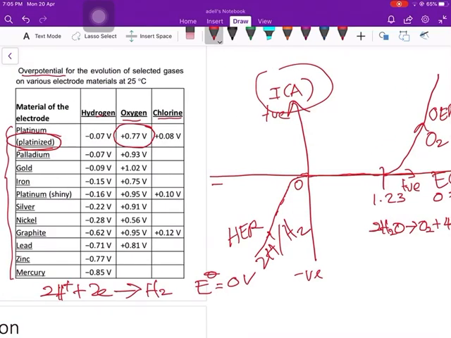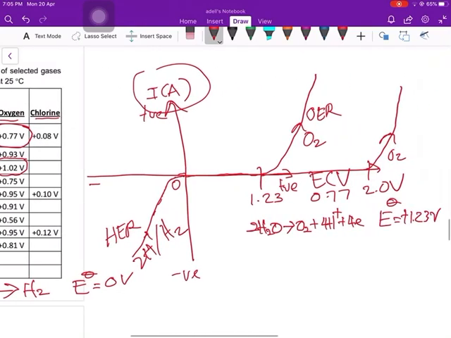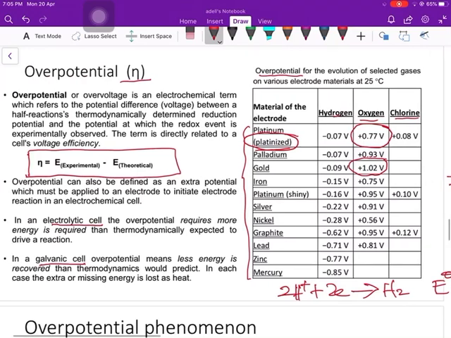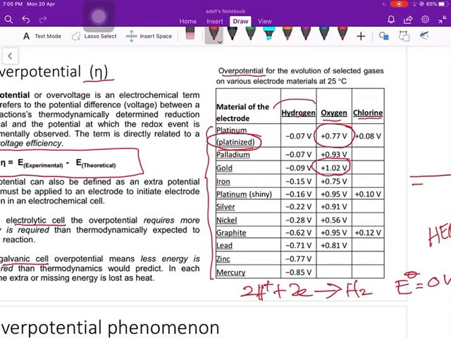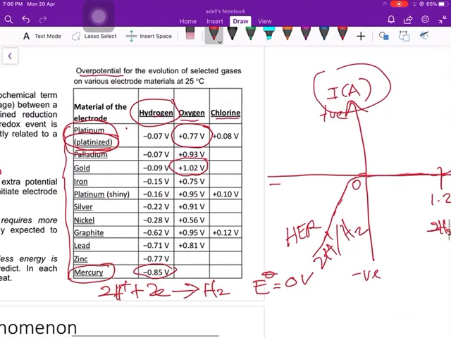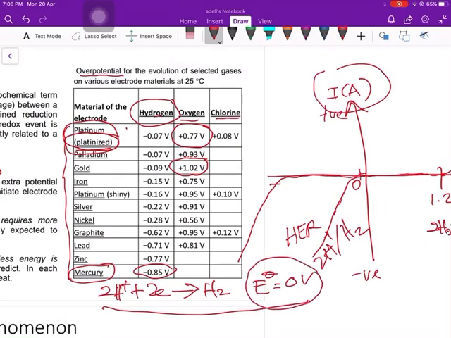If you compare all the materials for oxygen evolution, gold requires the highest extra voltage for oxygen to be evolved. If you compare hydrogen evolution on platinized platinum with mercury, on mercury the hydrogen evolution will occur at a more negative potential. For standard hydrogen evolution, this process will occur at 0.